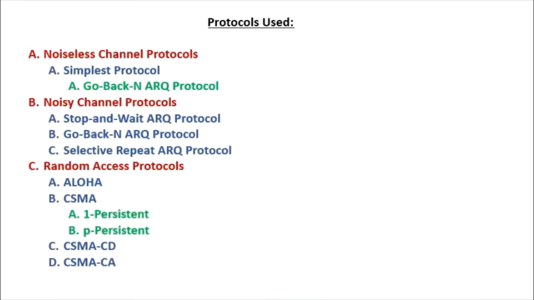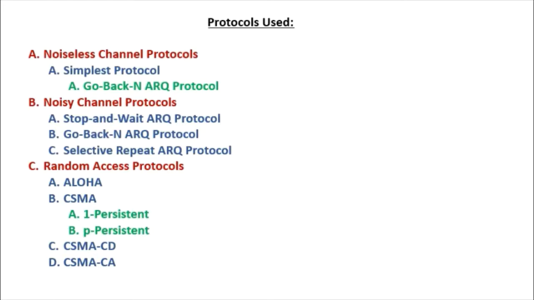Now let's look at the different protocols that are available under the data link layer. We have three types of protocols available. They are noiseless channel protocols, noisy channel protocols, and random access protocols. Noiseless channel protocols have a simplest protocol. Under simplest protocol, we have a protocol called go back N ARQ protocol.